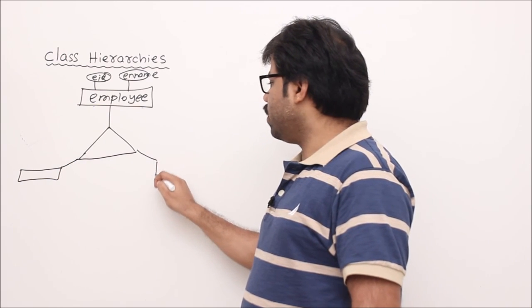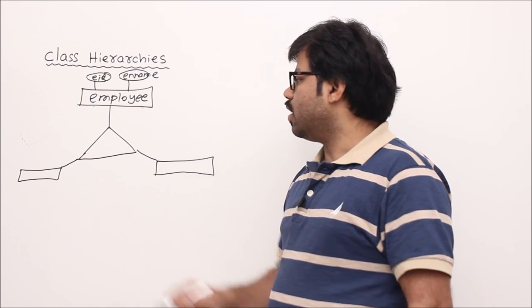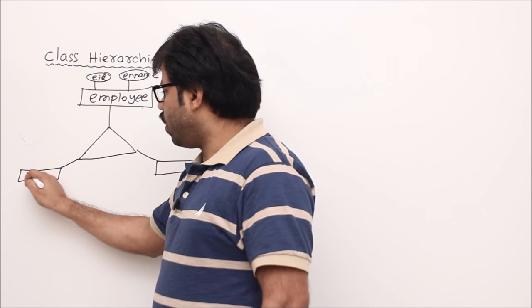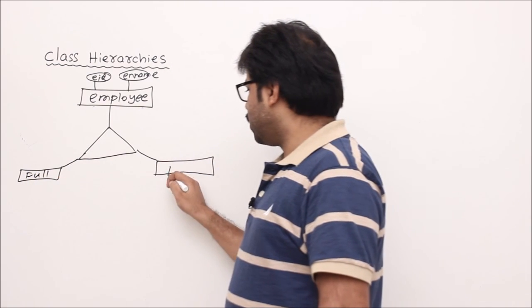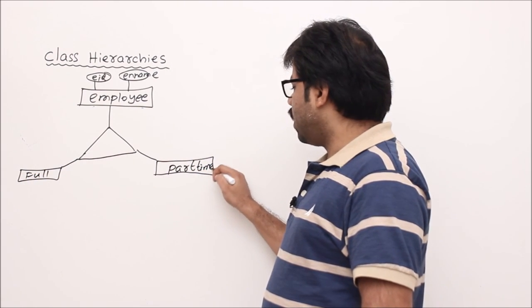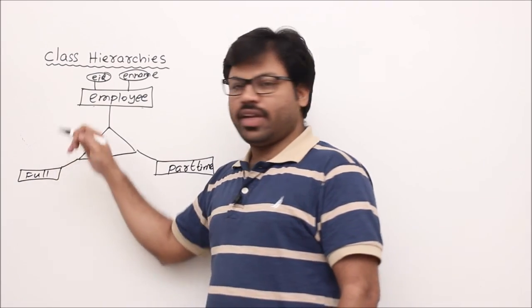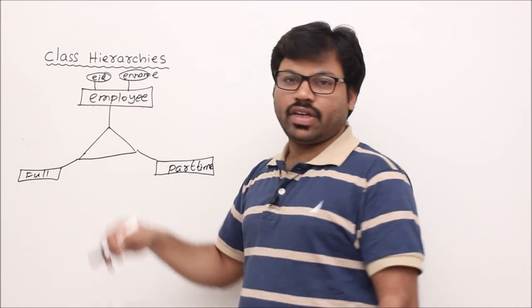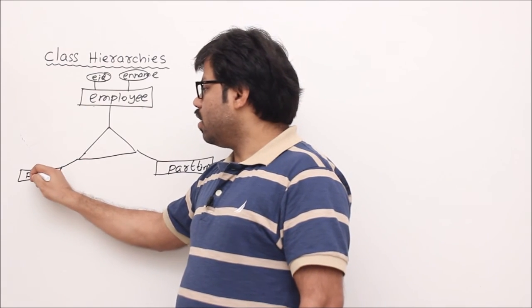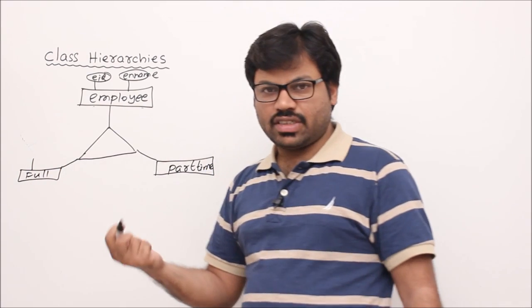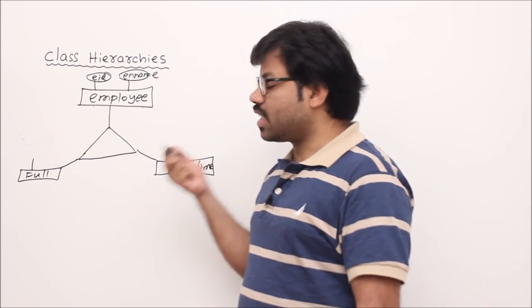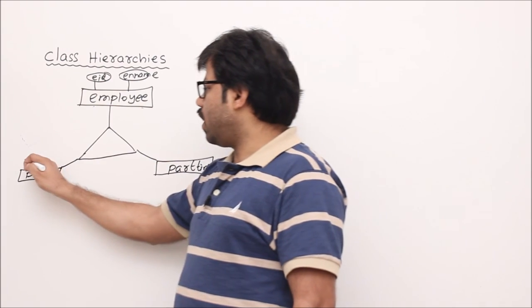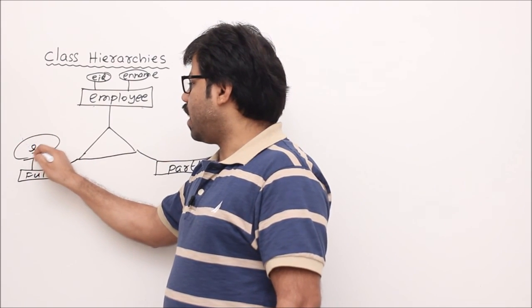Here we write like this. Now employees are full-time employees and part-time employees. In full-time employees, again don't write employee ID and employee name, because they are already implemented in employee, correct? Here we implement only the essential features which describe a full-time employee. Every full-time employee usually will have a salary, right?